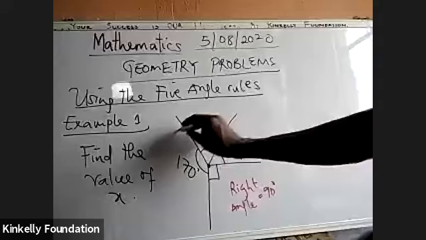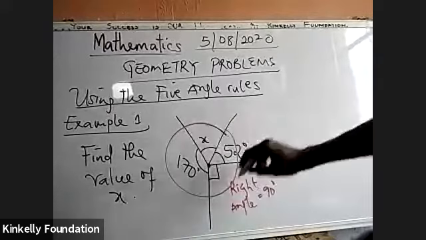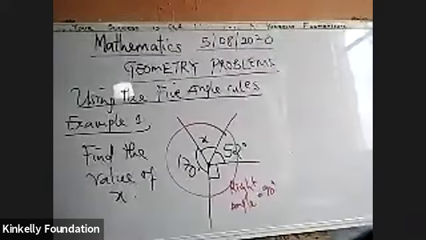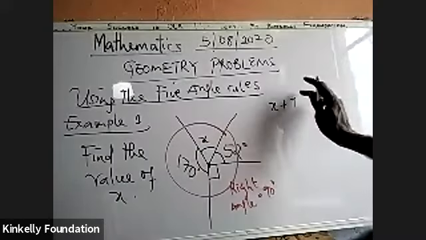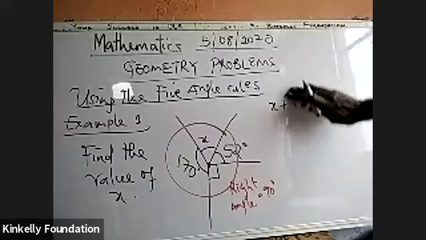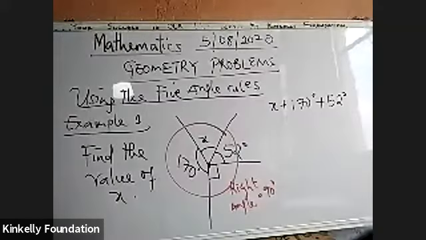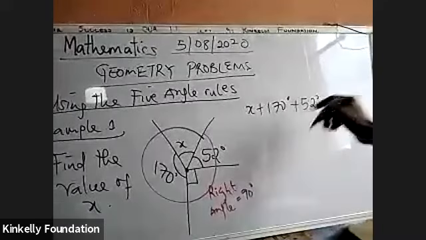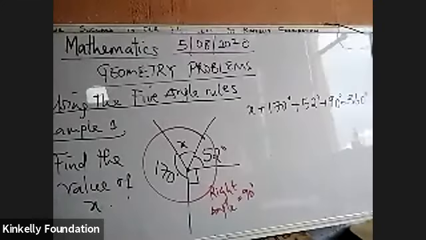So this is a point. Around this point, angles are 360 degrees. So whatsoever you see here, add it up, it must give you 360 degrees. Which means that x plus 170 degrees plus 52 degrees plus 90 degrees is equal to 360 degrees.